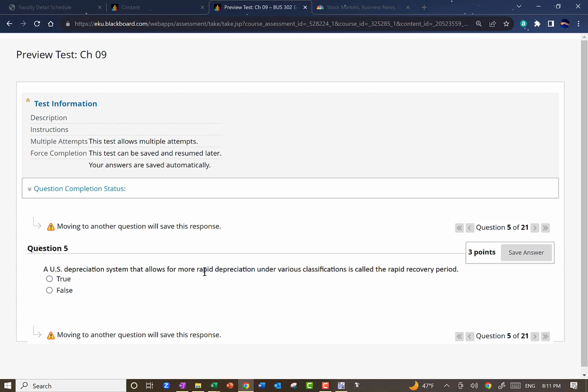A U.S. depreciation system that allows for more rapid depreciation under various classifications is called the rapid recovery period. True or false? It's false. It's rapid cost recovery. There is no period involved. When a firm cannot raise financing for a project under any circumstances, the situation is known as capital rationing. That's actually false. It's known as hard rationing.